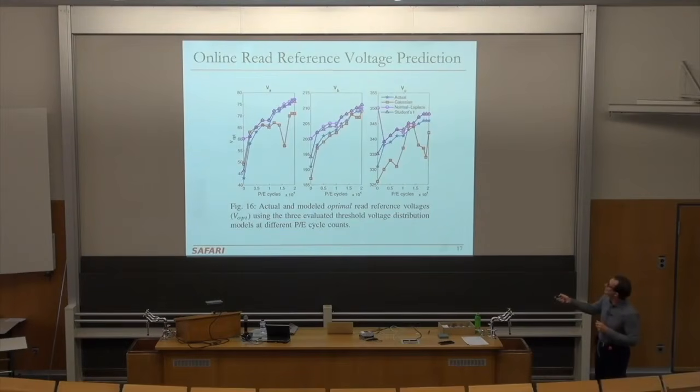So the actual is the blue one over here, and the triangles are the student's t. So the triangles are actually not so bad compared to the actual. Gaussian is pretty bad, as you can see over here. So you can predict your read reference voltages. These are VA, VB, VC that are separating the four different states relatively well.